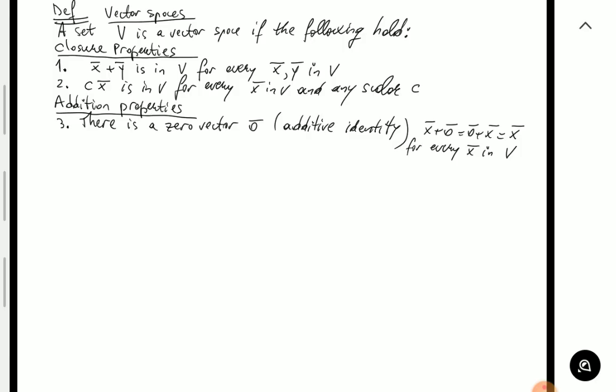Then the next property is the existence of the additive inverse, or the opposite of a vector, right?